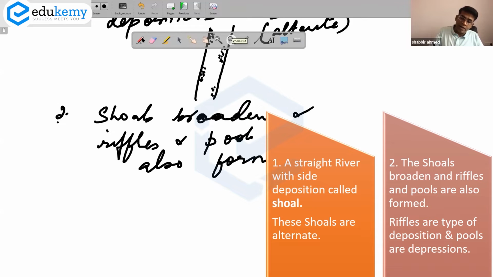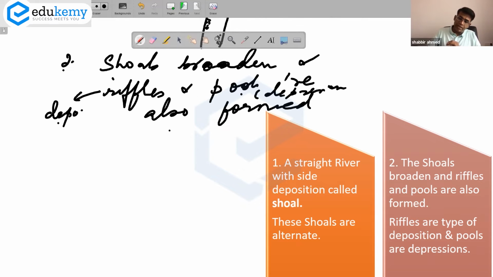So what are riffles? These are also one type of deposition. Pools are more like depressions. Shoals become larger and riffles and pools are formed. Riffles are like depositions, pools are like depressions, and the water depth is a bit more in the pools.